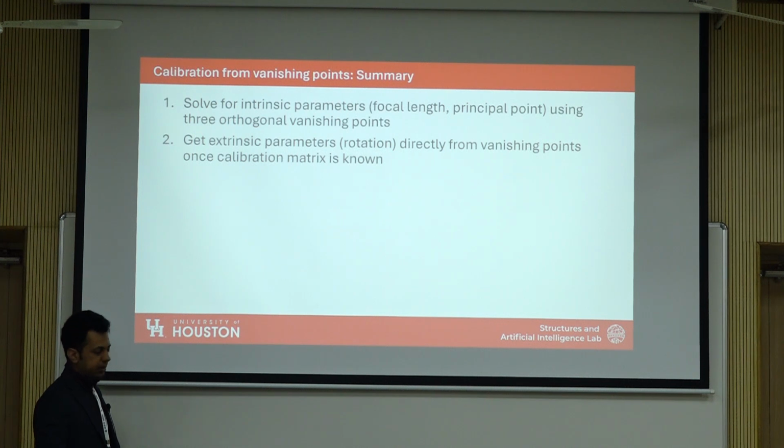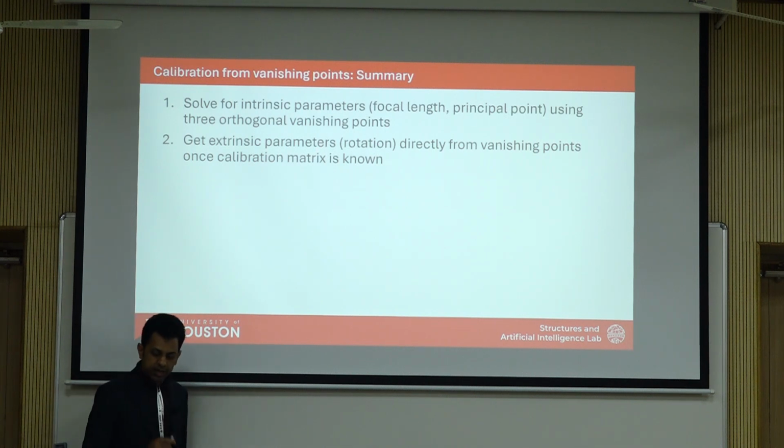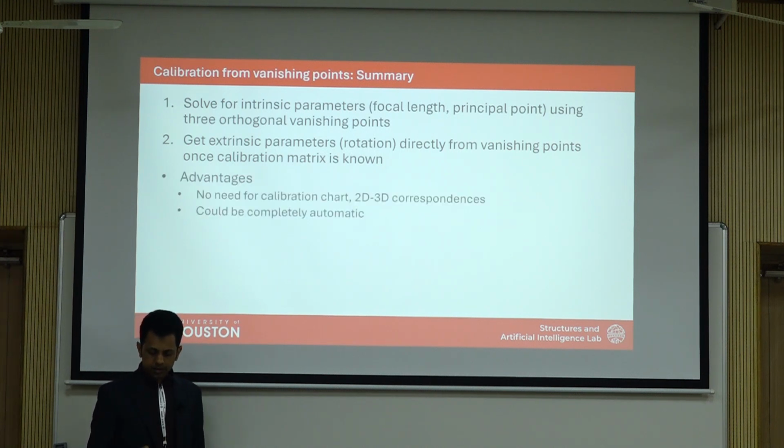And so in summary, we can solve for intrinsic parameters using the orthogonal vanishing points, and then we can get the extrinsic rotation from the vanishing points once we know K. Now the advantage of doing a single image is that you don't need multiple images and you don't need many 2D, 3D correspondences.